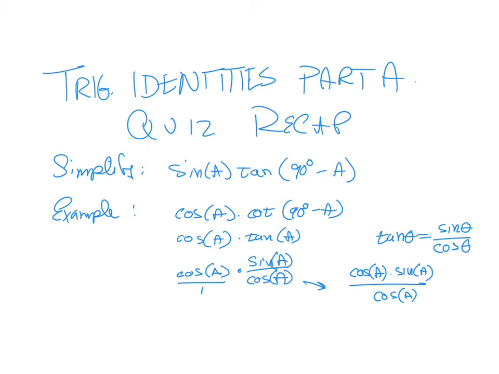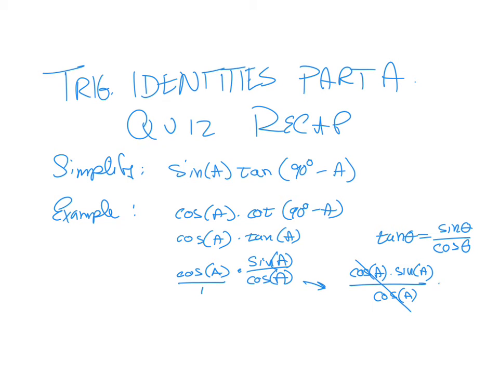Now at this stage, the numerator has two factors, cosine of A and sine of A. And the denominator has just one, cosine of A. And cosine of A matches one of the factors in the numerator, which means, yes, we can cancel it.